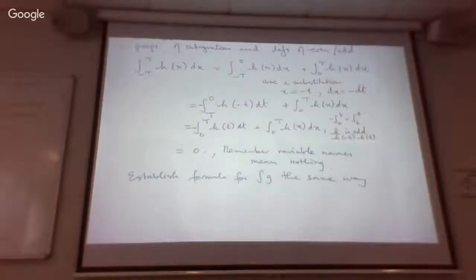So when you integrate an odd function, you get 0. That has an effect on what the Fourier series are going to look like. Because in the Fourier series, you're integrating the product of a function that's known to be odd or even, these cosines or sines, with your function f. So if your function is known to be odd or even, then these integrands will be one of the two, odd or even. And so one of these coefficients is always going to be 0. That is summarized in the statements 3.4 and 3.5.